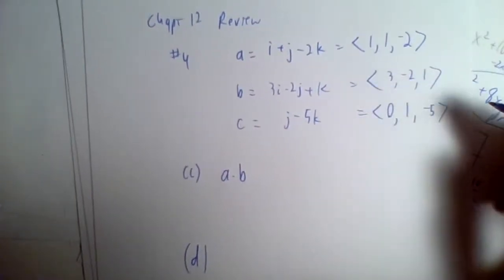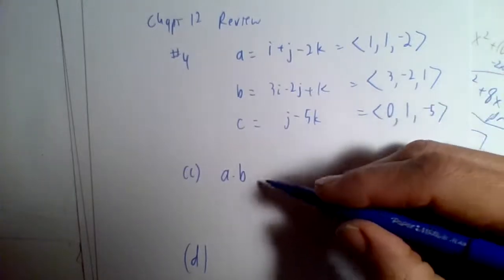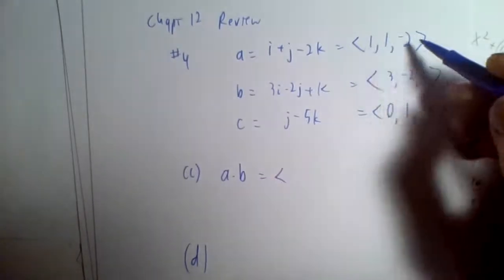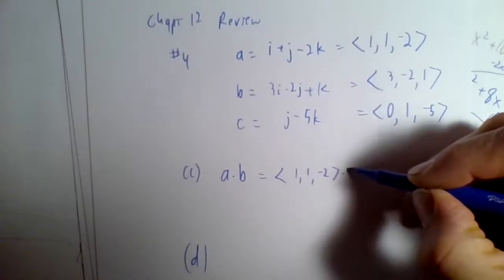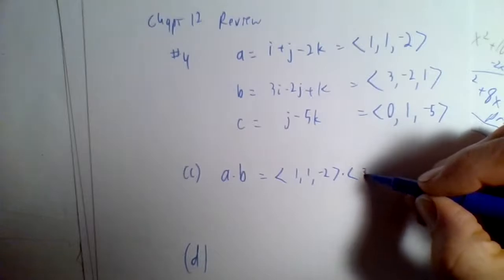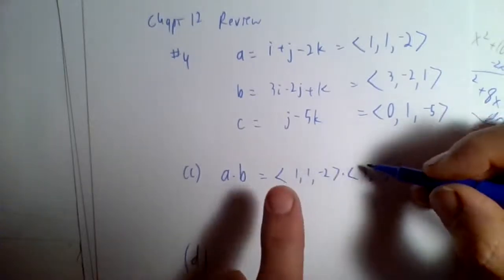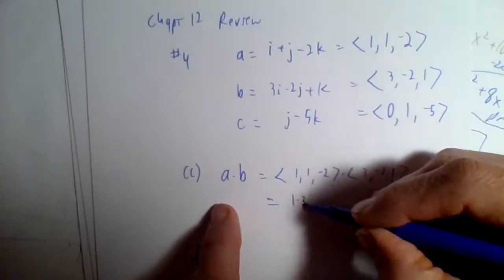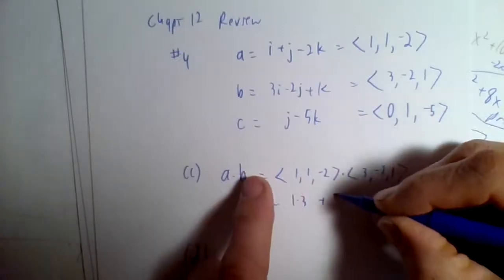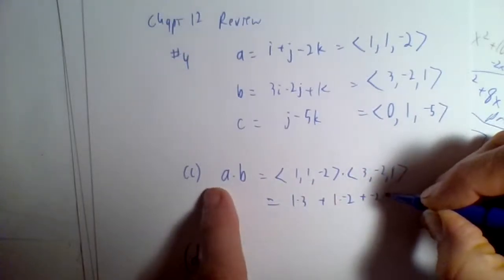So the dot product, you multiply the components and then add this stuff up. So this is 1, 1, negative 2, dot 3, negative 2, 1. So 1 times 3 plus 1 times negative 2 plus negative 2 times 1.